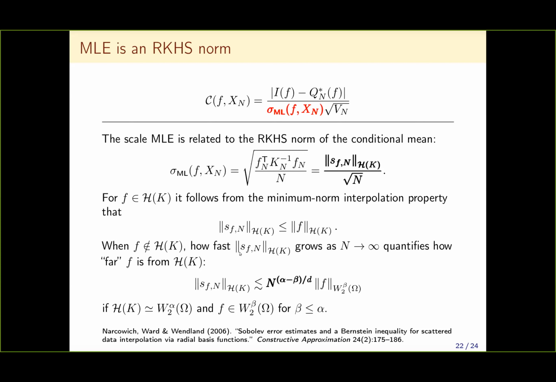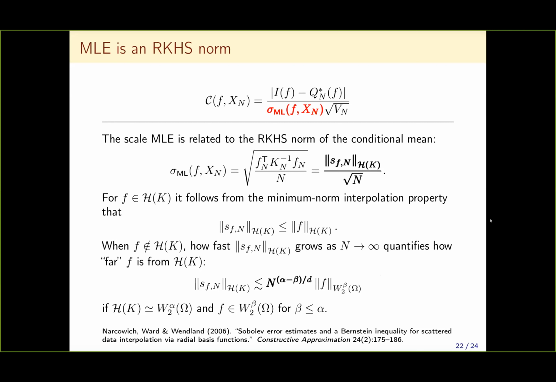Using some results in the kernel interpolation literature, it's possible to show that the RKHS norm of the conditional mean cannot grow faster than with rate n^((alpha-beta)/d). So here, if beta is much smaller than alpha, so f has much less smoothness than the RKHS, then this RKHS norm might grow quite fast. However, do note that this is just an upper bound. We do not have a similar simple lower bound, or we do have lower bounds, but they become a bit more complicated.